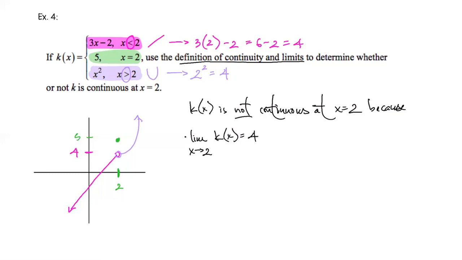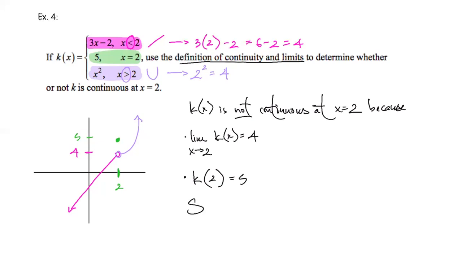So what that means is the limit from both sides is 4. Well, what else is on our checklist? We need to find k of 2. What is the value of the function exactly at 2? And to answer that one, I have to use the green part of the piecewise function. So k of 2 is 5.